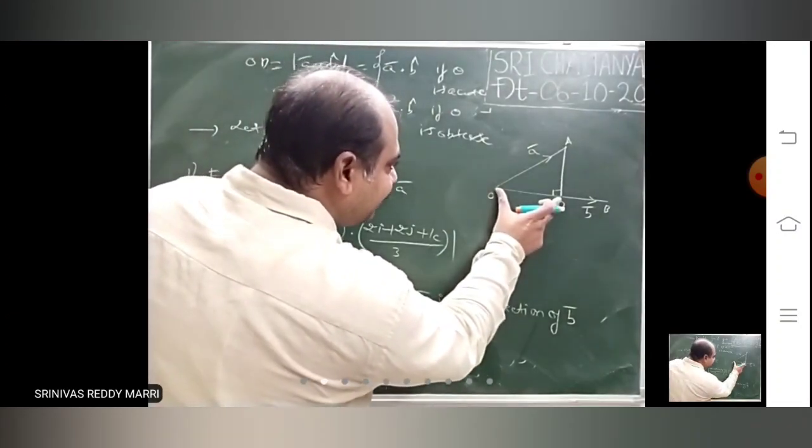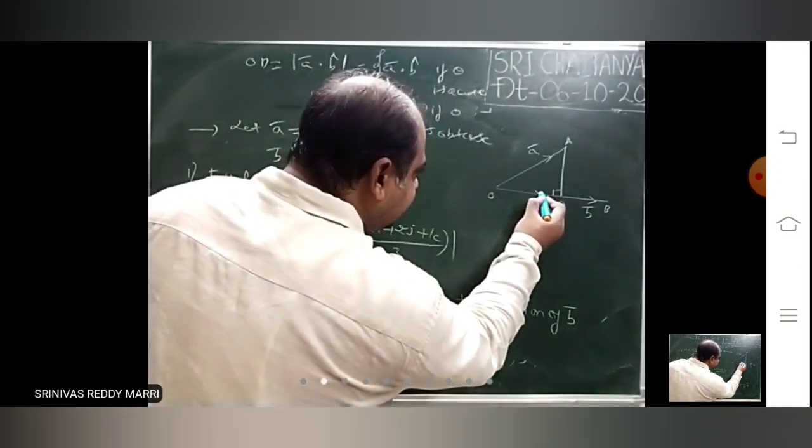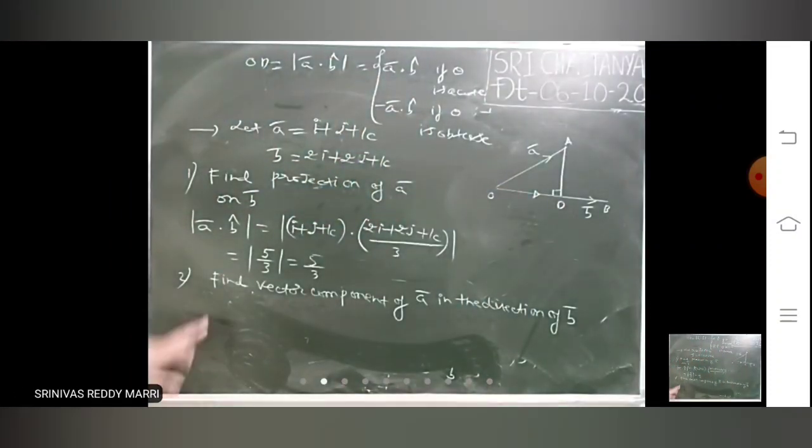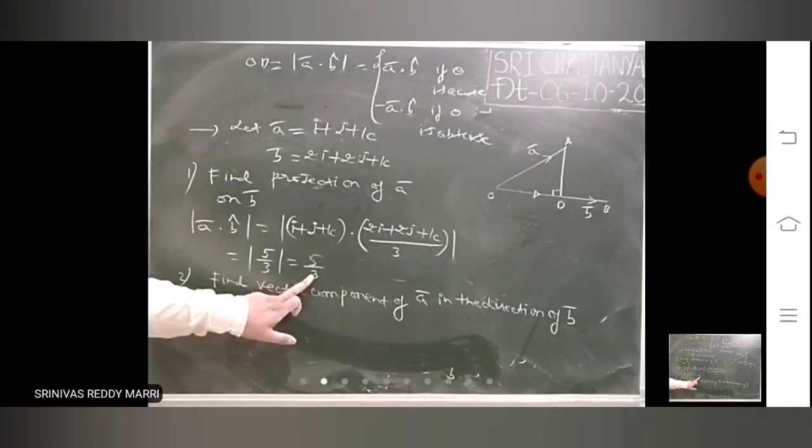That means this OD is there. OD bar you need to calculate. Just OD calculated. That is length of projection.